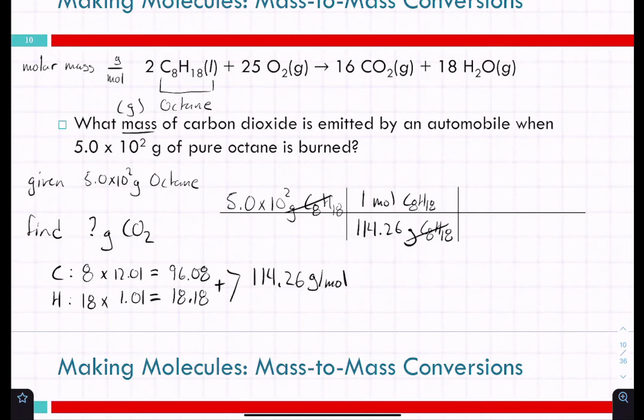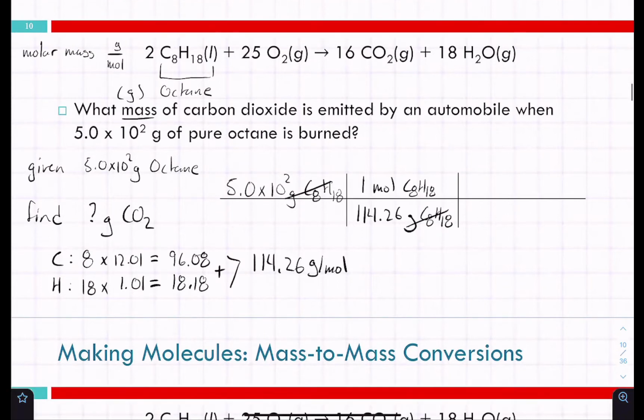It's the 2 to 16. Yes, thank you. So it's 2 moles of octane to 16 moles of CO2. So where do I put 2 moles of octane?